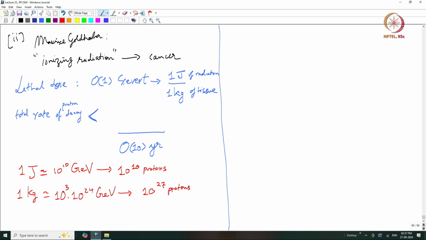Now, I am going to use that here to see that the rate, which depends on the fraction of protons that are disintegrating, has to be smaller than 10 power 10 divided by 10 power 27.